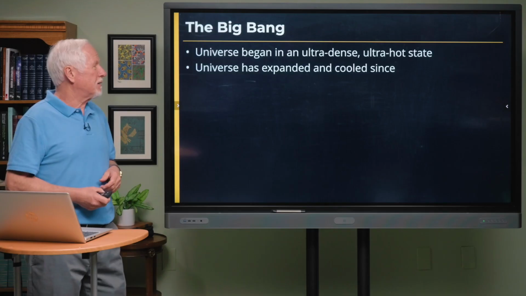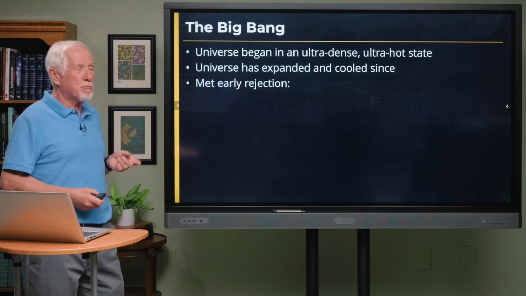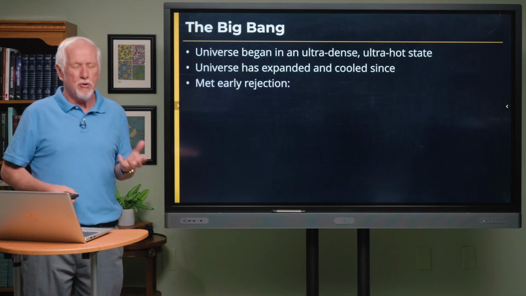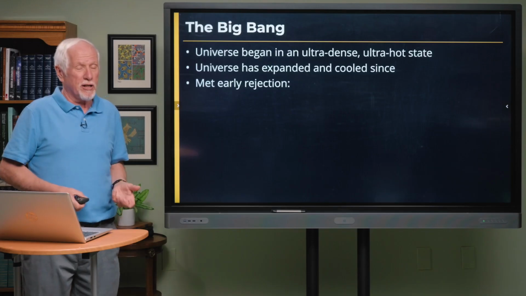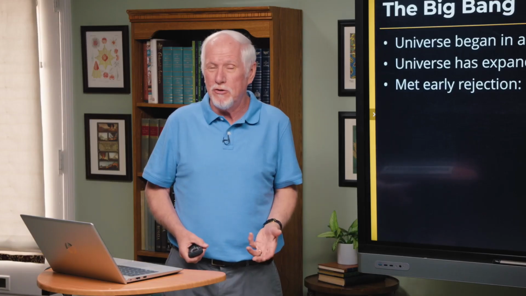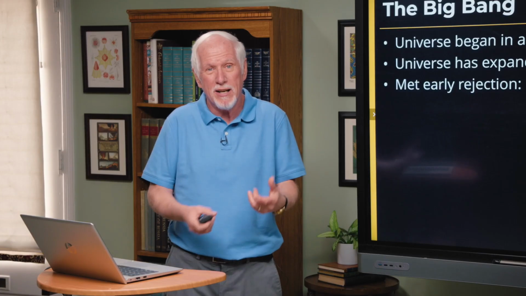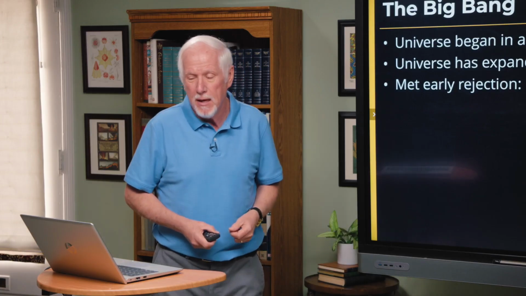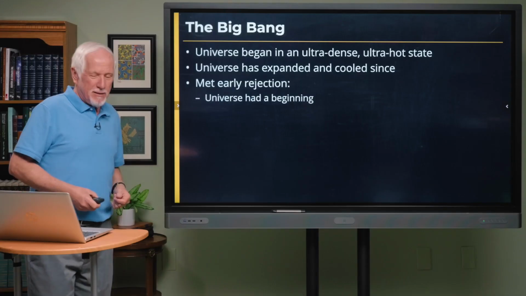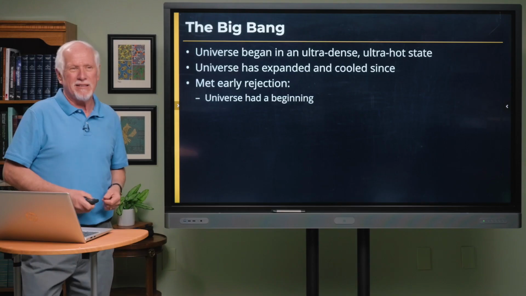Now, this met a lot of early rejection. Part of the problem was, for 2,000 years, you're thinking the universe is eternal. It's really quite difficult to imagine then that the universe is not eternal. It had a beginning in the finite past. But even worse than that is the fact that to many people that suggested there must be a creator.